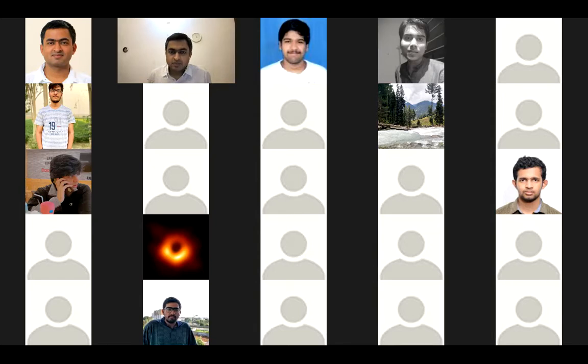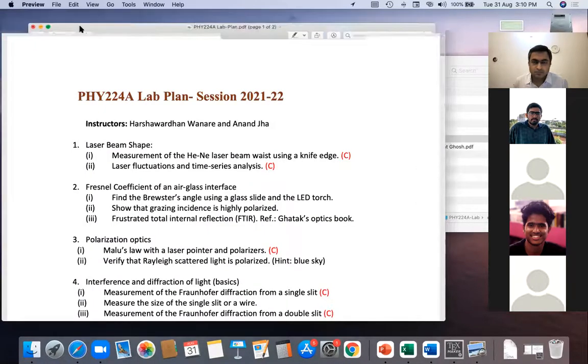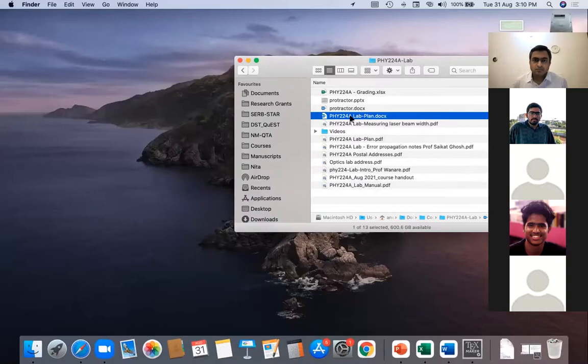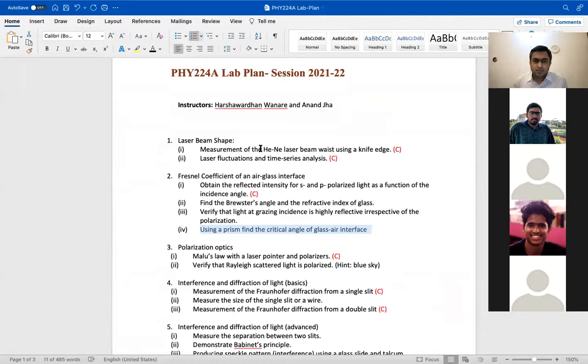For example, in the lab plan that we have shared, measurement of the Gaussian laser beam waist using a knife edge, and I did a detailed calculation of that and what needs to be done. And for this experiment, it's basically from the lab manual. So all that needs to be done is very clearly mentioned there.